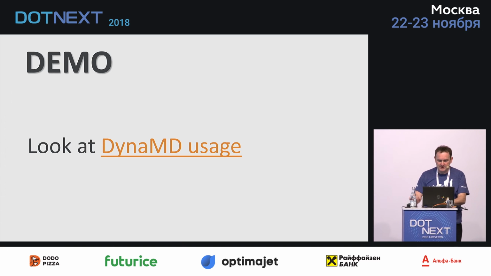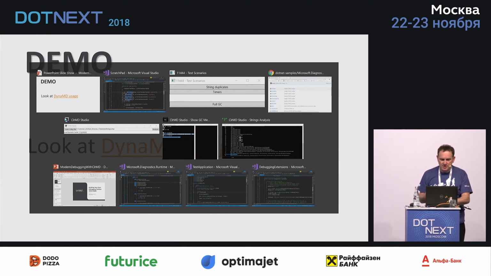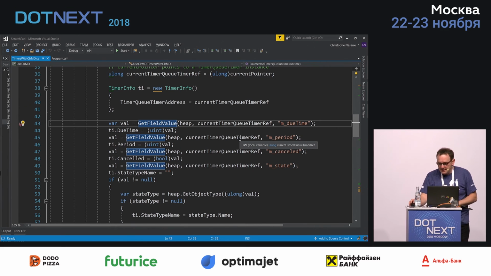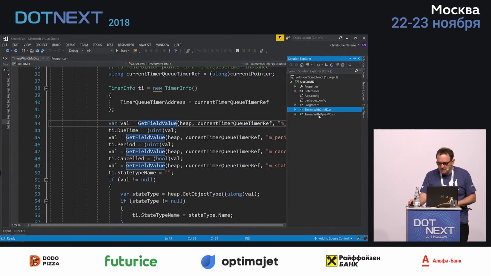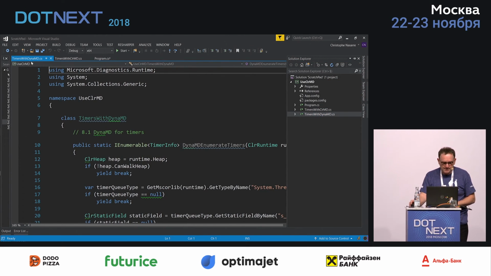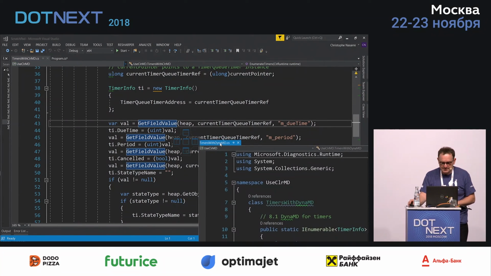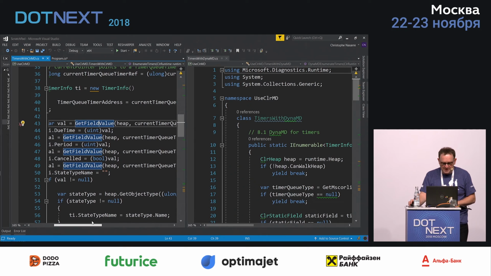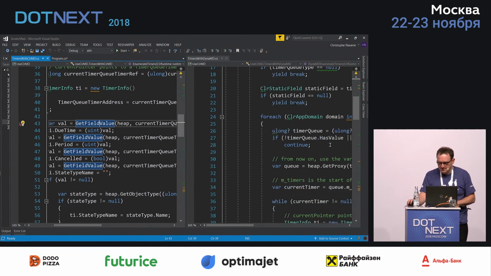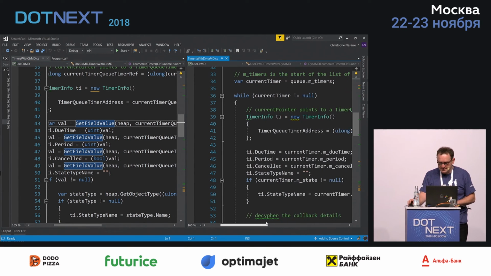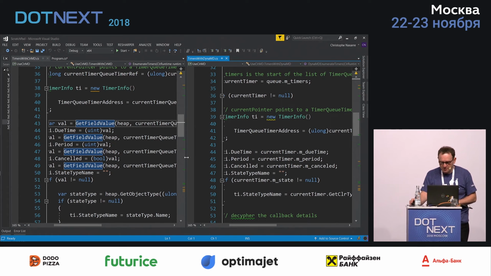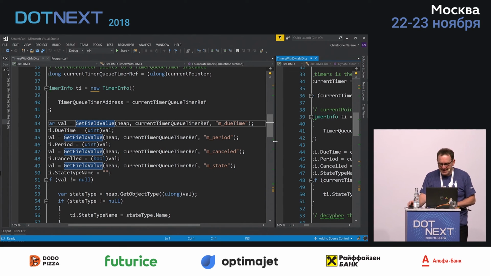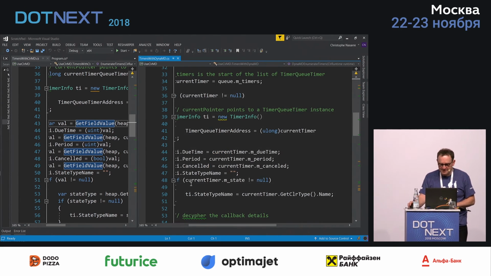Very, very handy. So let's take a look at the code that I would write with DynamD. Let's see if I have something like this. I don't know if the screen will be large enough, but anyway, this is the same code. So you remember this? Take a look at this one now.